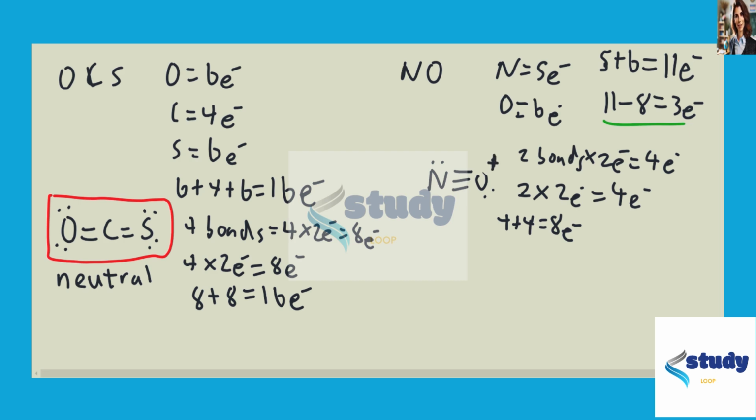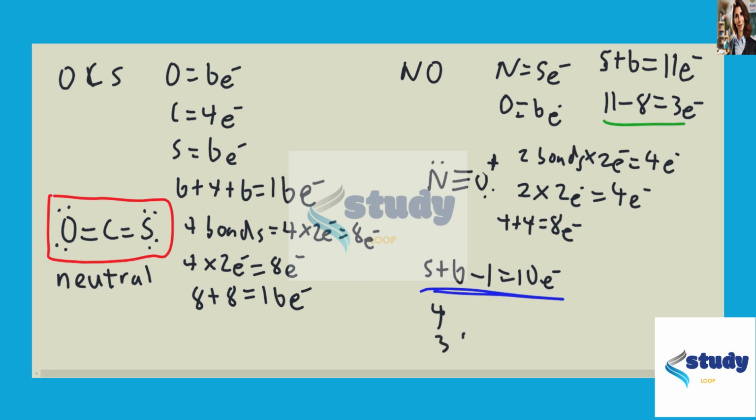This positive charge means that in the overall electron system, we actually lose an electron. So our 5 plus 6 we started with will actually lose an electron, minus 1, meaning we have 10 electrons total in the system. So now we count them up. We have 2 on nitrogen and 2 on oxygen. That's 4 total from lone pairs.